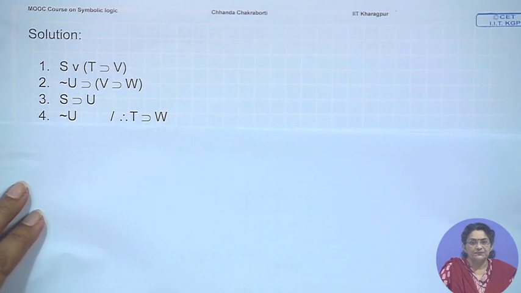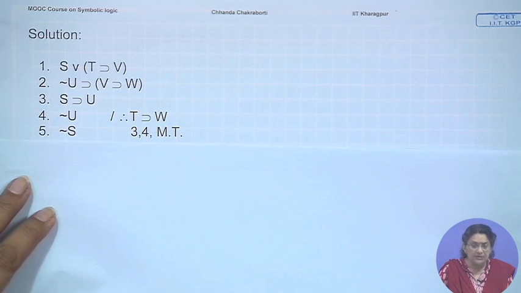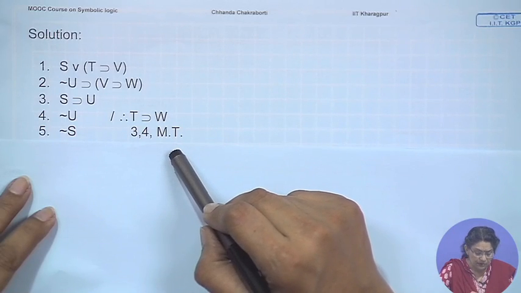So, here is the proof, that is your beginning point, and then you start wherever you want to start. I started out with getting the not S out. How? From lines 3 and 4 by modus tollens.